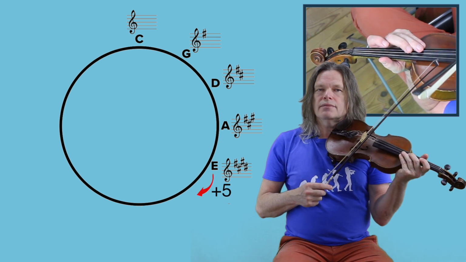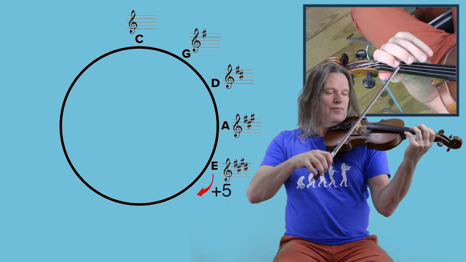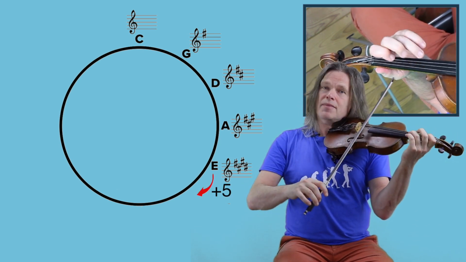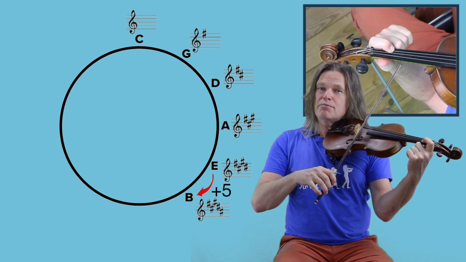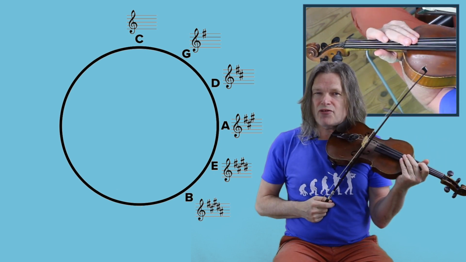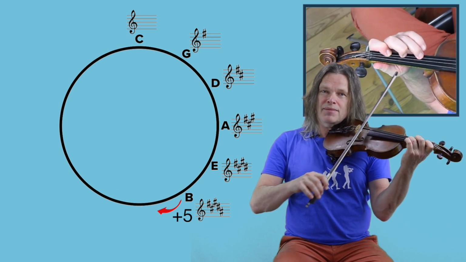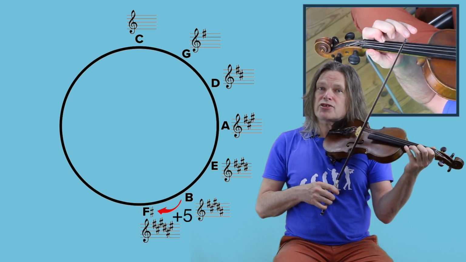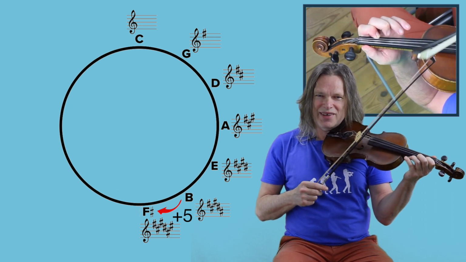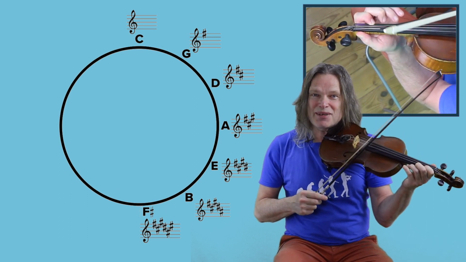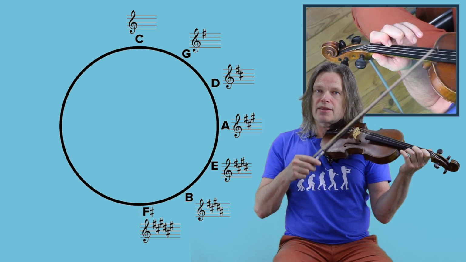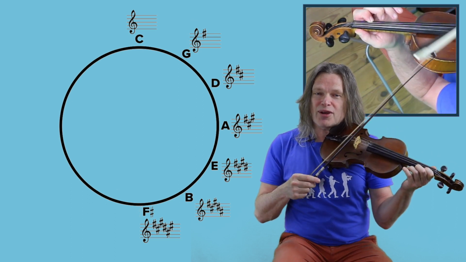Okay. Moving on from E, 5 up, we are in B. B has 5 sharps. Moving on from B, F sharp. Let's take a look at that one. F sharp, 6 sharps. Yes, 6 sharps in the key of F sharp.